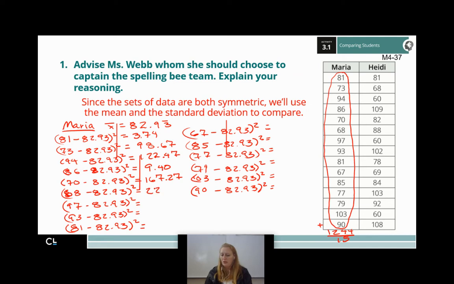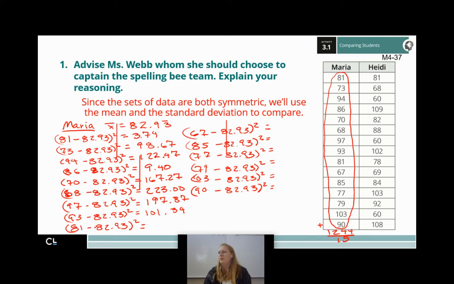I got 223.00. 97 minus 82.93s forever. Square them. 197.87. 93 minus 82.93s forever. Square it. 101.34, round about that.